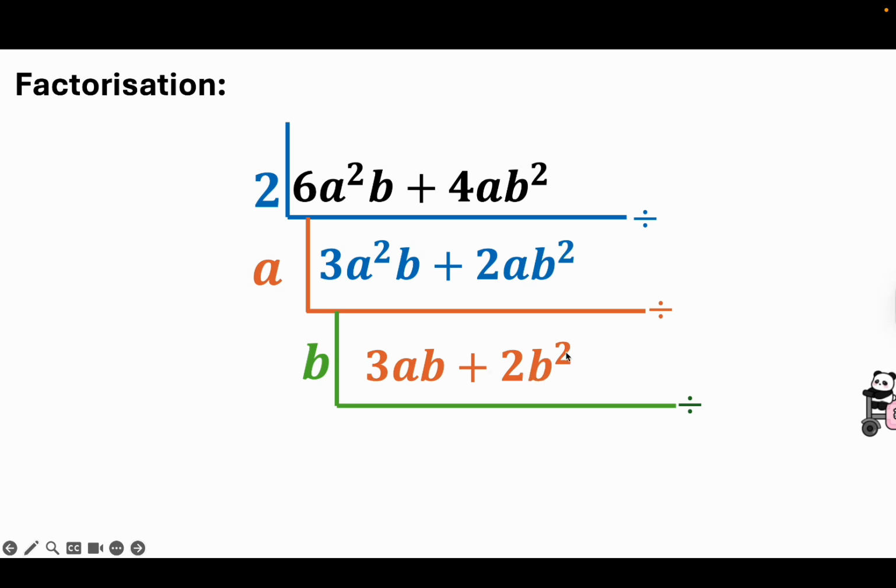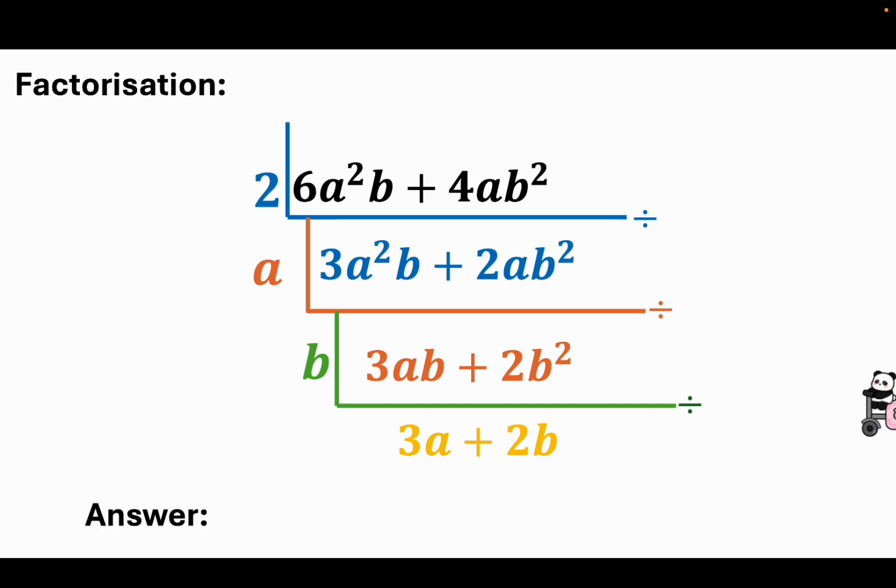If you divide 2b squared by b, you get 2b. So you just write down the answers. Do they have anything else in common? No, they don't have anything else that can both be divided by at the same time. So we can stop here now.